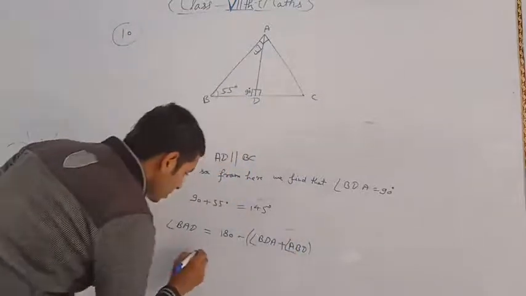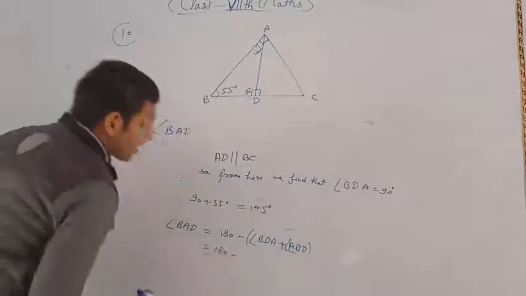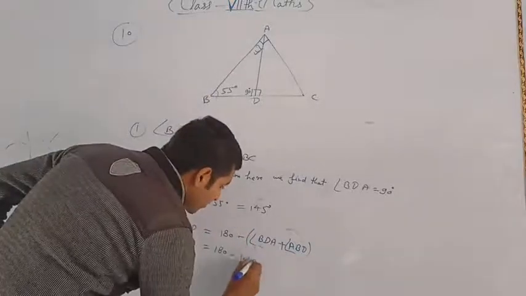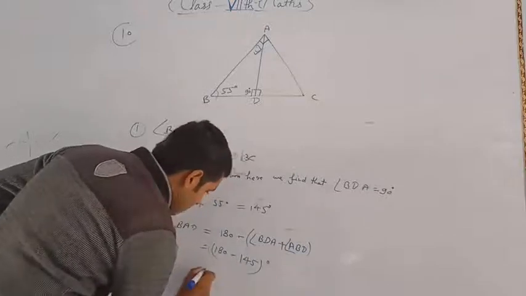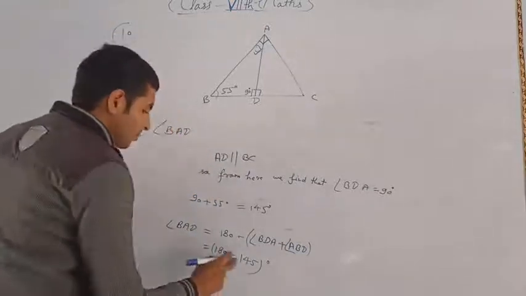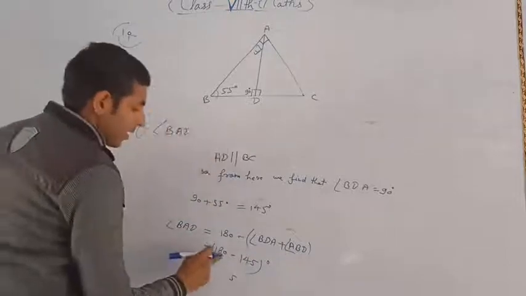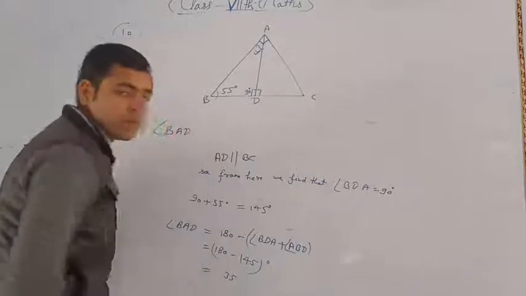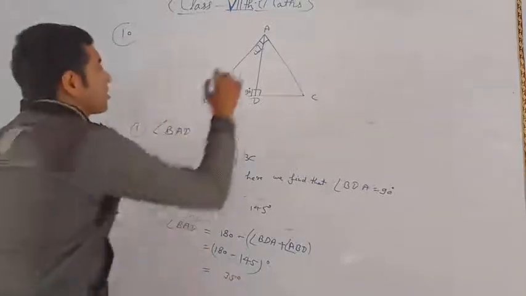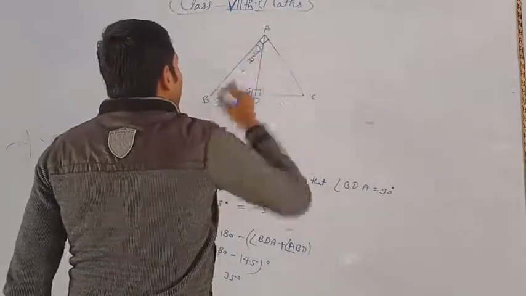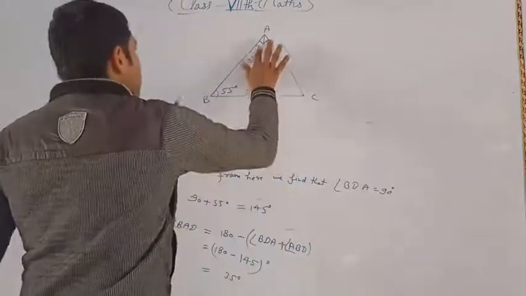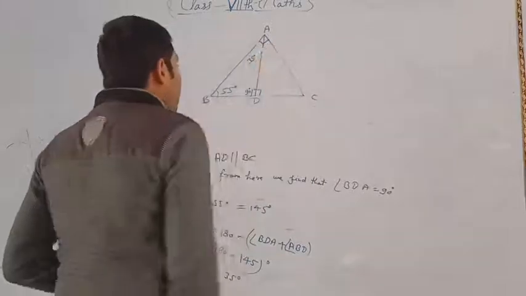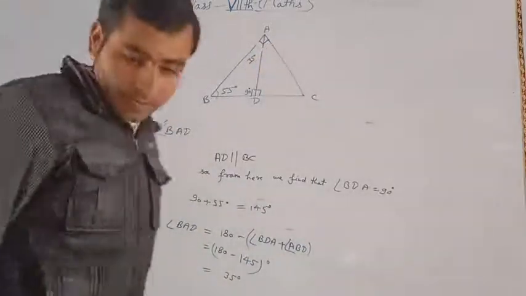Okay, so from here 180 minus 145 is equal to 35 degrees. So this angle became 35 degrees.